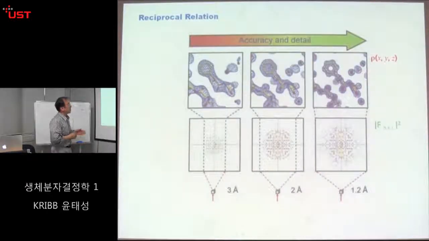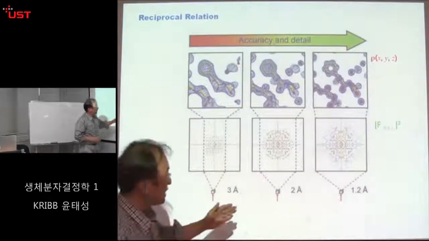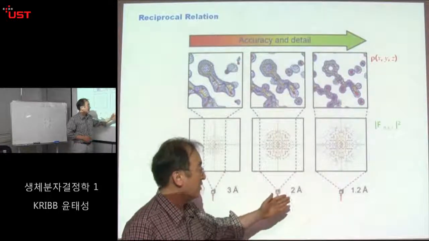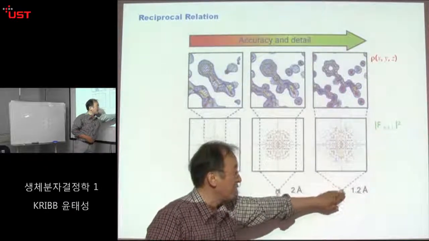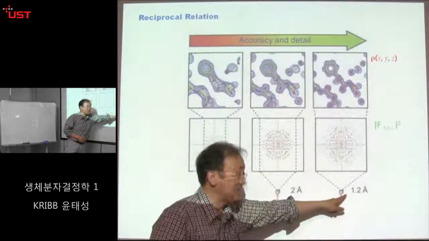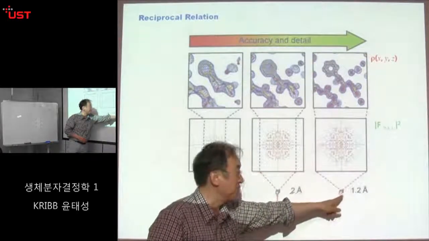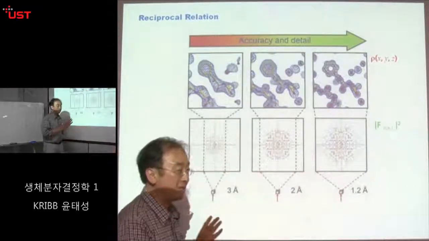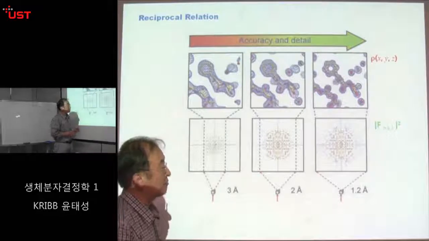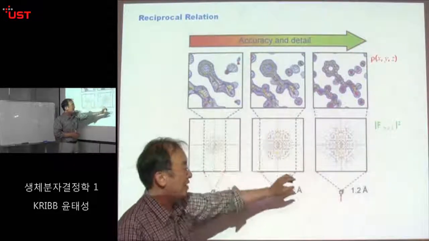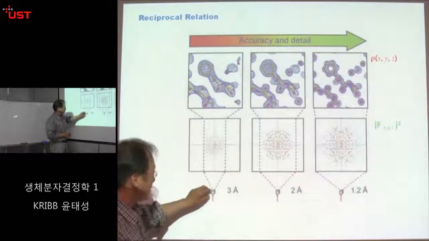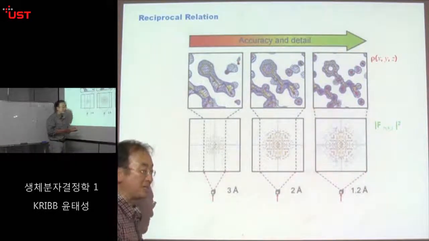So if you think in terms of resolution in d star, this side is a high or bigger number, so better resolution and higher resolution. So only in d star terms are high and larger, and low and smaller, matched. Okay.